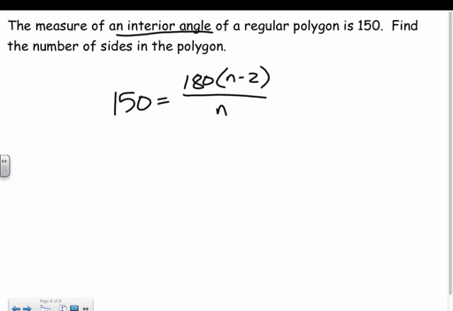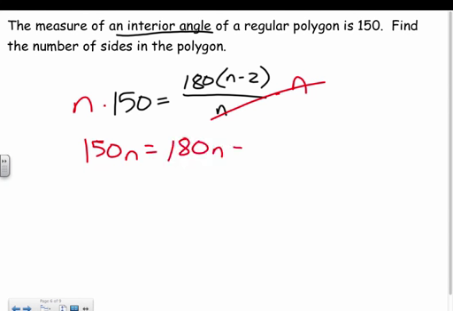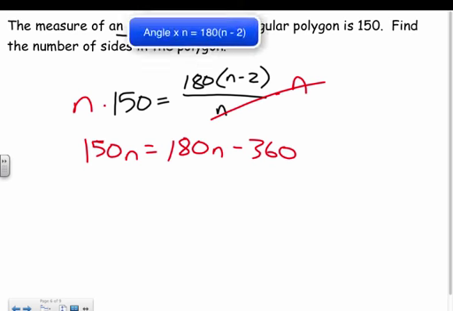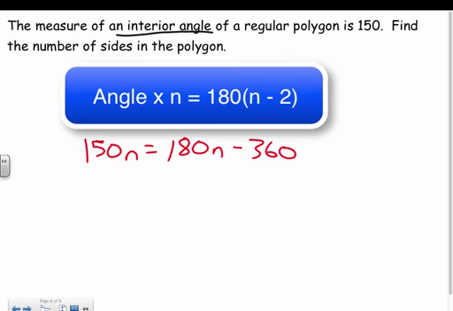Okay, so I don't want a variable in the denominator, so to get this n out of the denominator, I got to multiply by an n. That's how you get something out of a denominator. And whatever you do to one side, you got to do to the other side. So these n's cancel, and over here I have 150n equals, I'm going to distribute that 180. 180n minus 360. Now I have an equation I can solve, don't I? All right, it's nice and easy now.